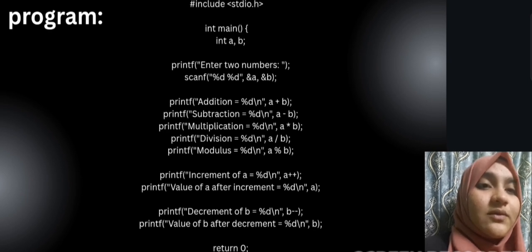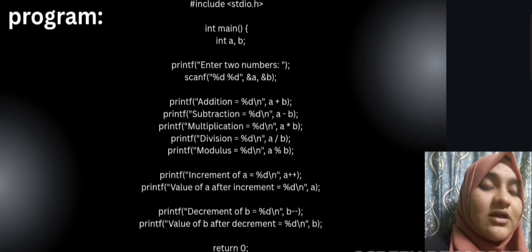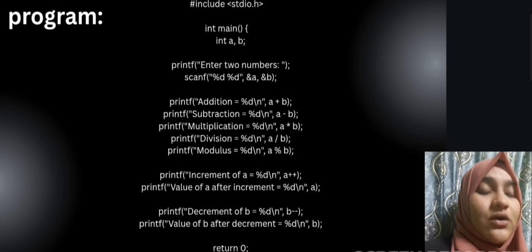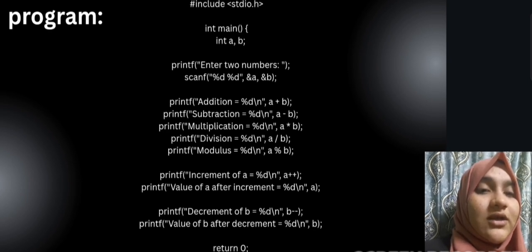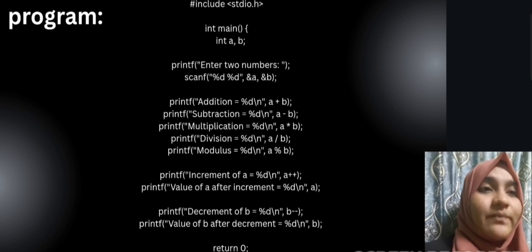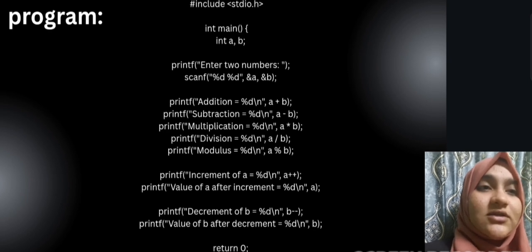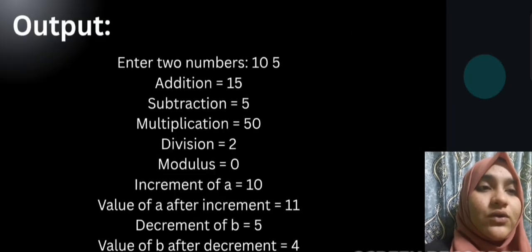Then printf addition equals %d, a plus b. First is addition, then subtraction, then multiplication, division, then modulus. Then we also include increment and decrement in the program, and we see the output of the program and how it comes.